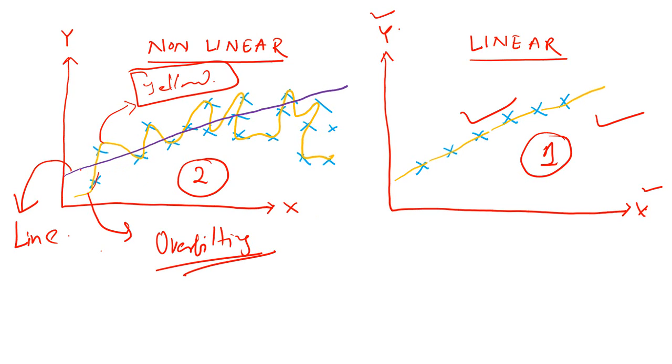It may not be completely a straight line, or could be something like this. Now, which is a curve, but it's not completely passing through all the data points, right? It is generalizing in a better way. Now, whether a straight line will do a better job or a curve will do a better job, we'll see that.